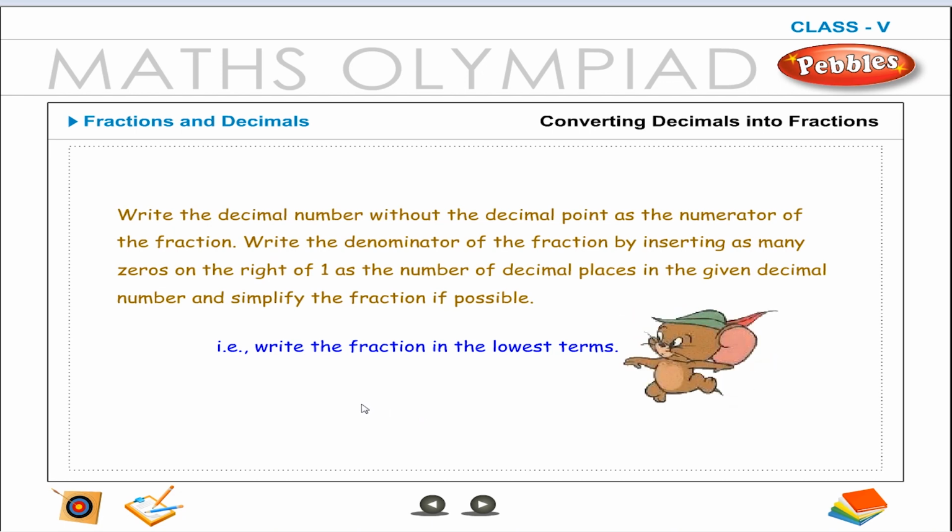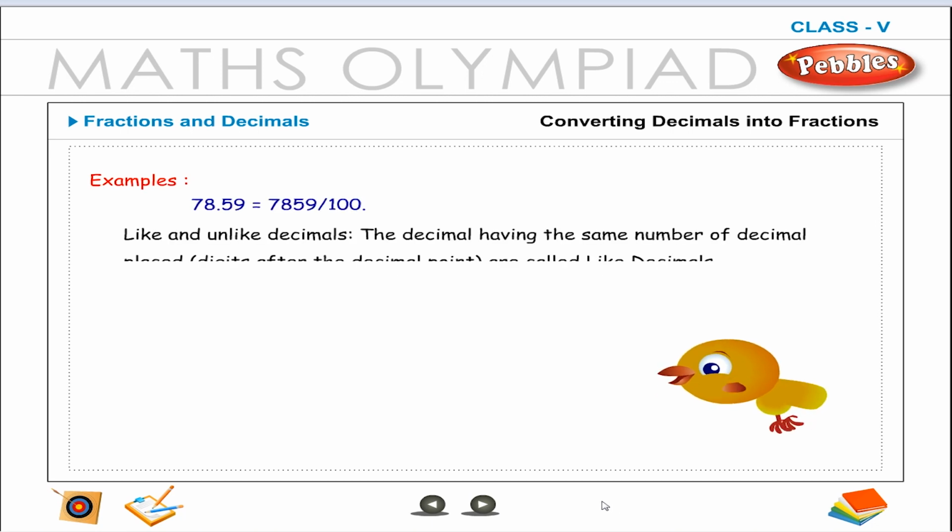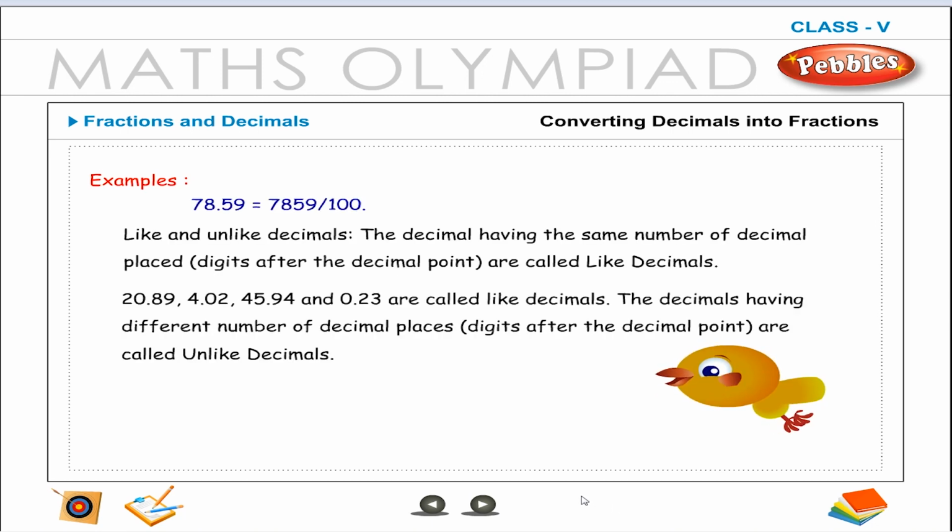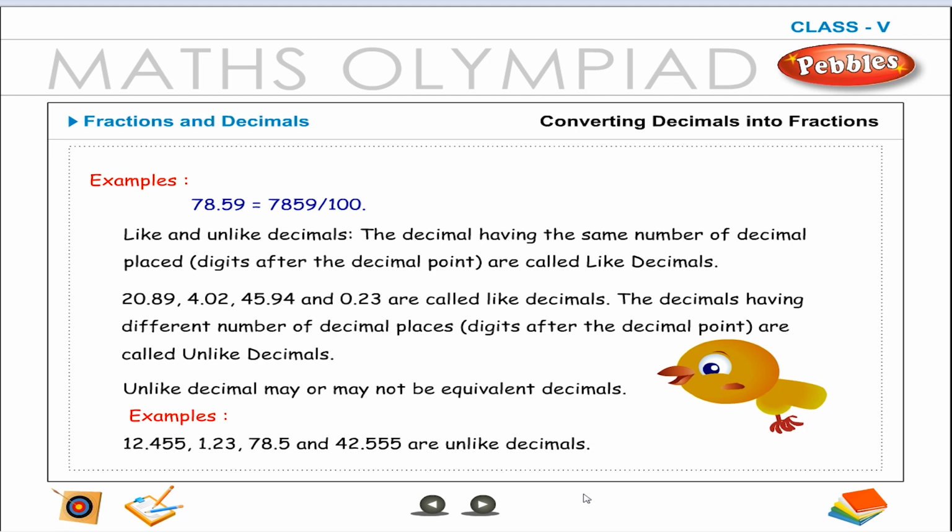That is, write the fraction in the lowest terms. Example, 78.59 is equal to 7859 divided by 100.